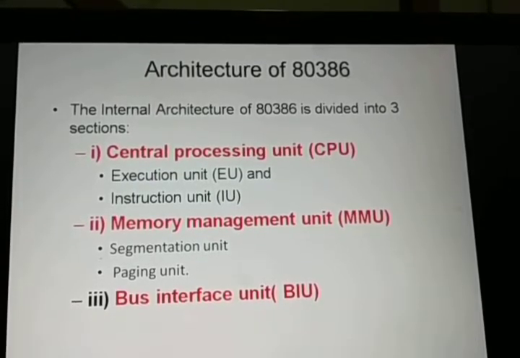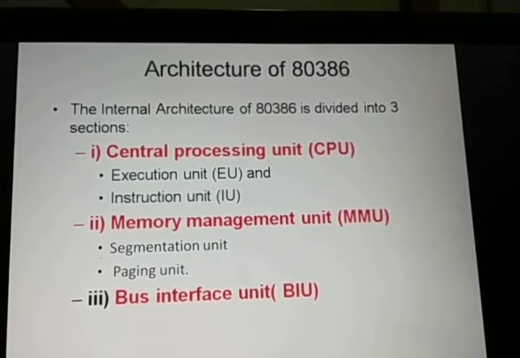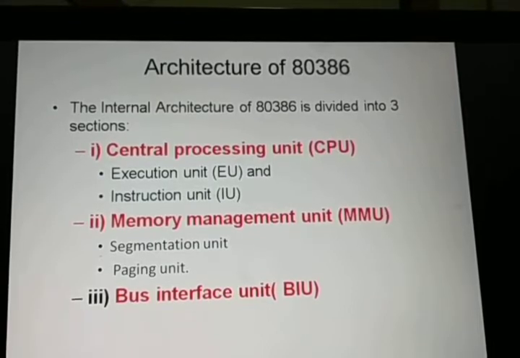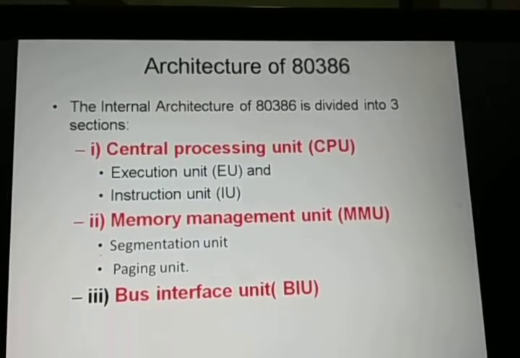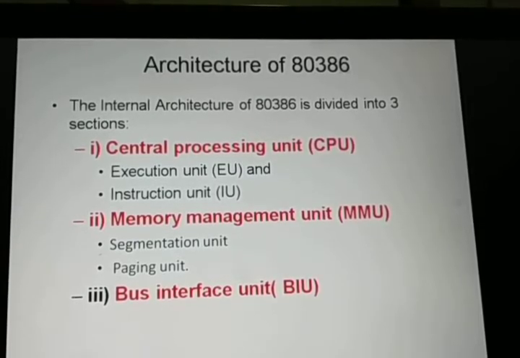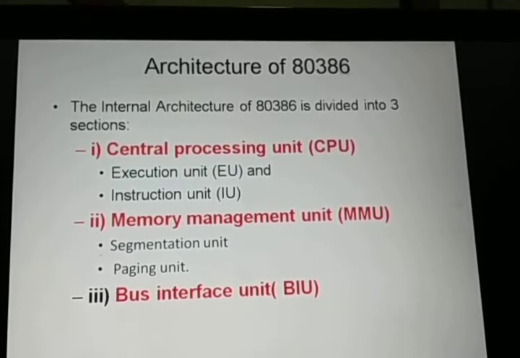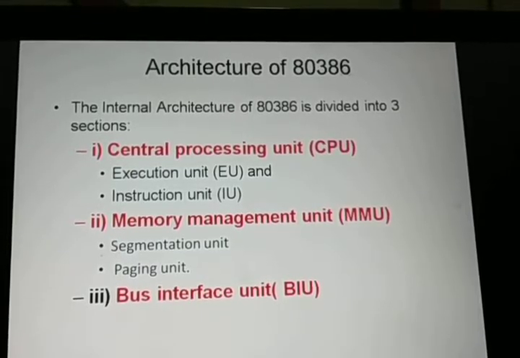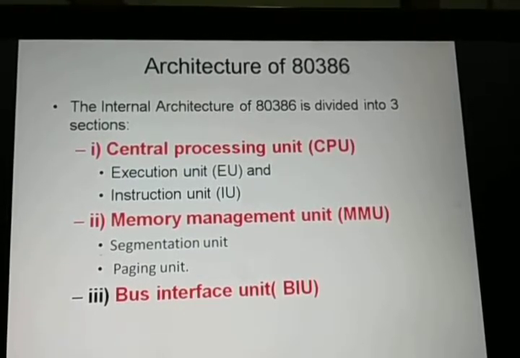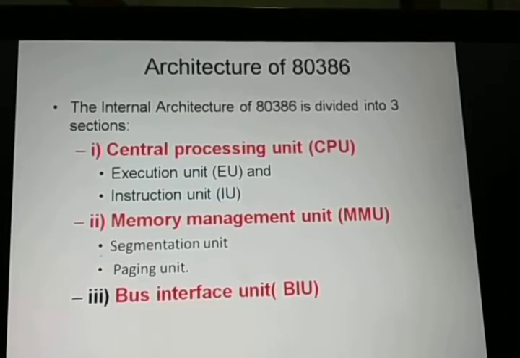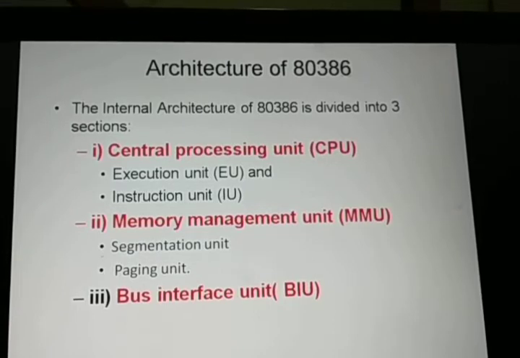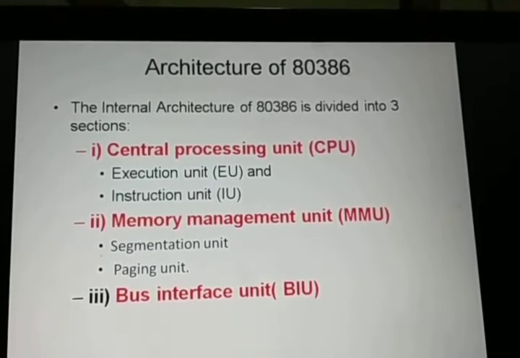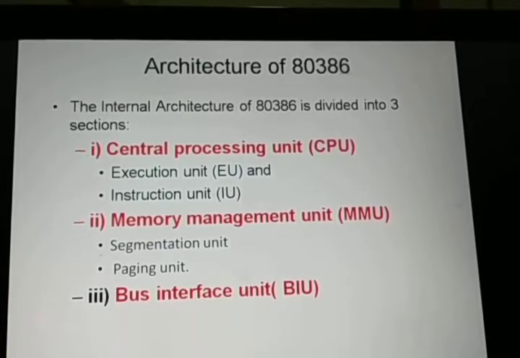Then what do we do in the segment translation mechanism, and what do we do in the paging unit or page translation mechanism? In the segment translation mechanism or segmentation unit, we convert the logical address into a linear address. The logical address contains two parts, a selector part and an offset field. The selector part is a 16-bit field. The selector points to the descriptor table to find the particular descriptor.